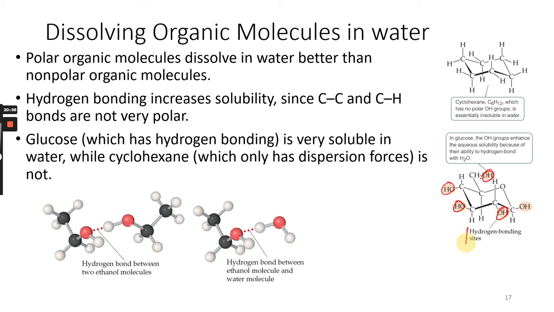That means it's going to hydrogen bond. And you have cyclohexane. There are no OHs here, and there really are no polar groups on here, so this is nonpolar. This here is polar, and it has hydrogen bonding. So glucose will be very soluble in water, while cyclohexane, which only has dispersion forces, is not. It will not dissolve.